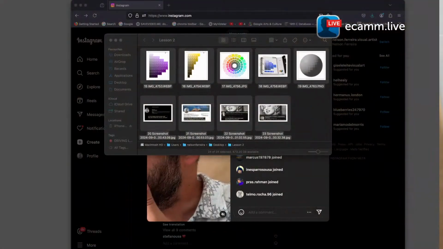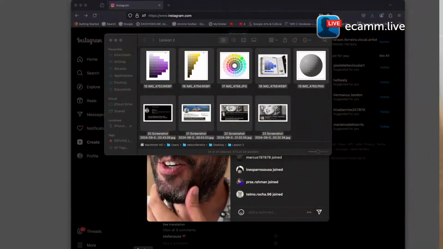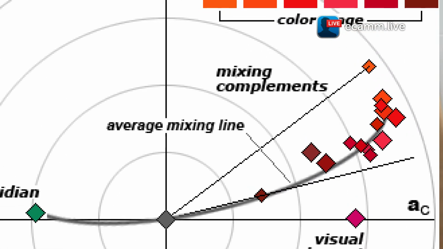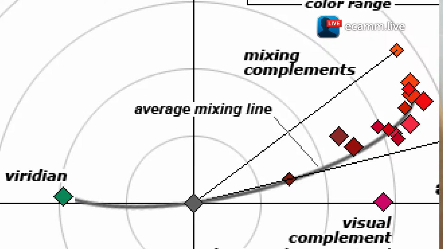Okay, now answering your question. Whoever said to mix with a complementary color, pay attention now. Do you neutralize a color by mixing it with its complementary? And the answer is no. No, you don't. Because when you mix with its complementary color, surprisingly, it doesn't go as a straight line.